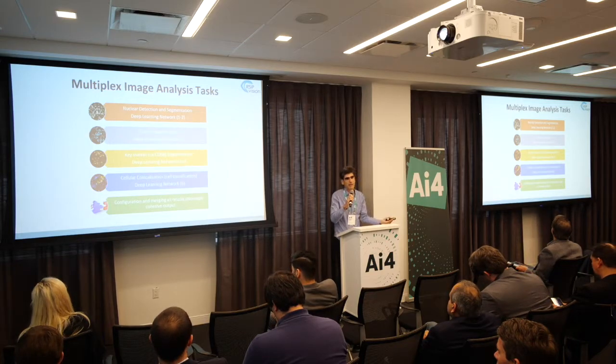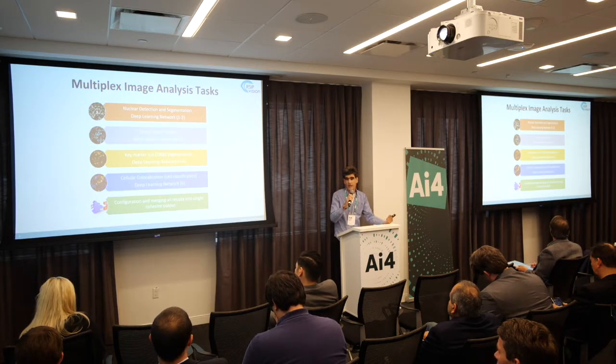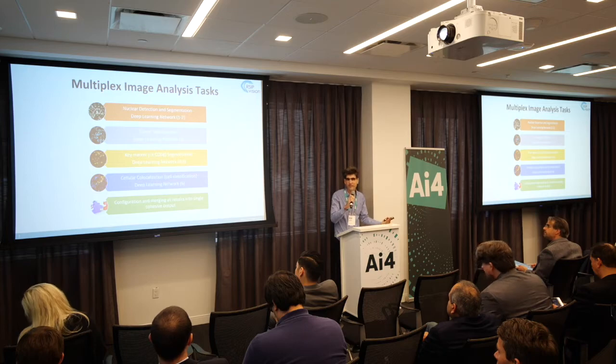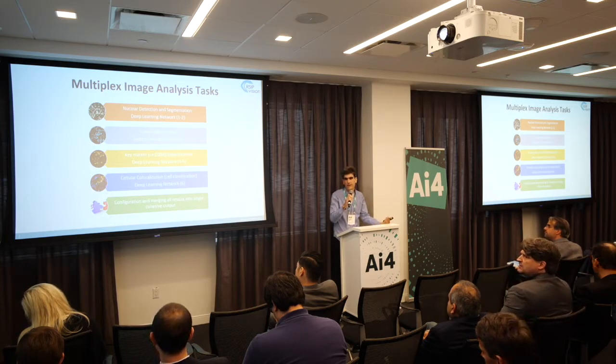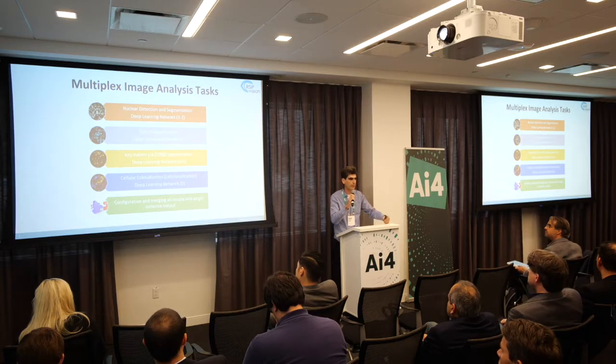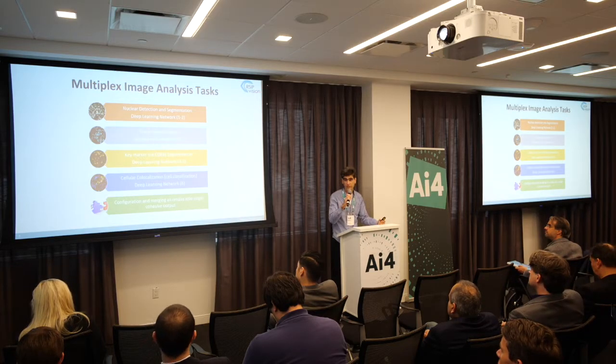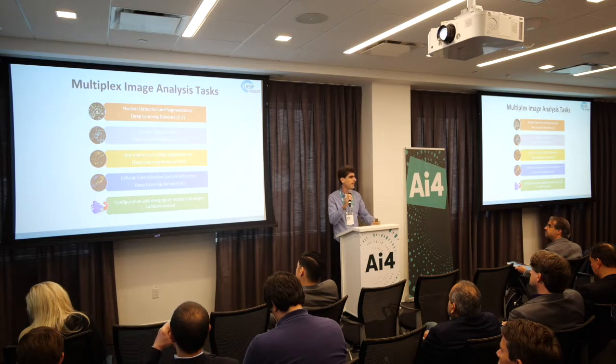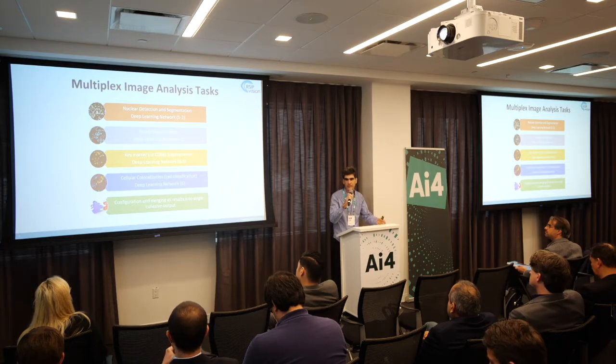After you've found these objects in the image, in this case cells, you're looking to classify these objects in some way. In this case, for multiplex image analysis, it's called cellular colocalization. We're looking at the response on different fluorescent channels and using that to classify the cells. But again, we want to do it in a more holistic manner.